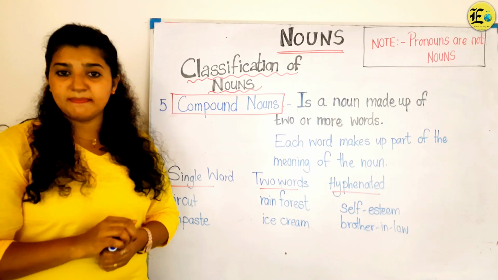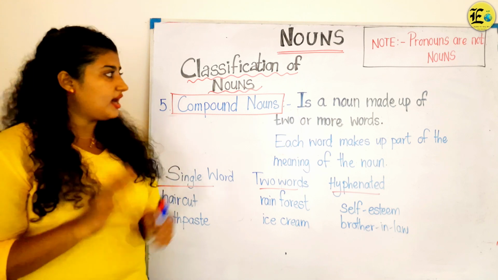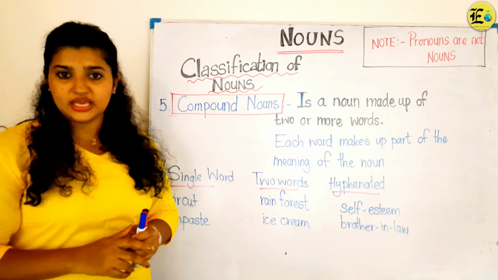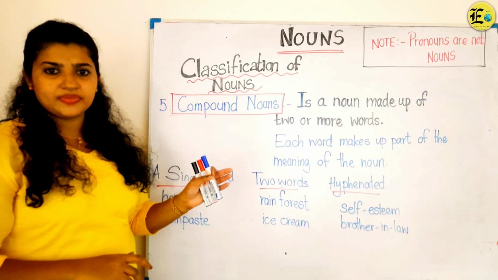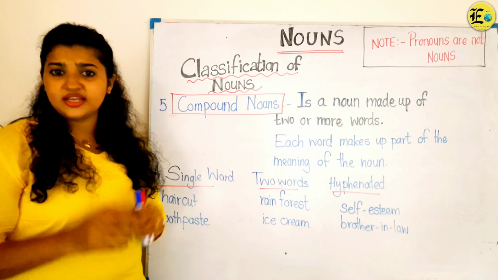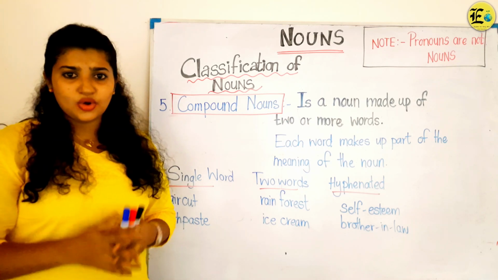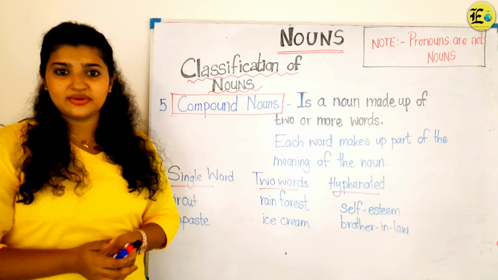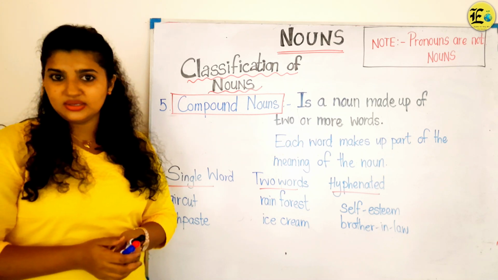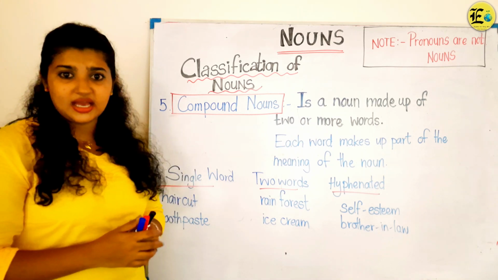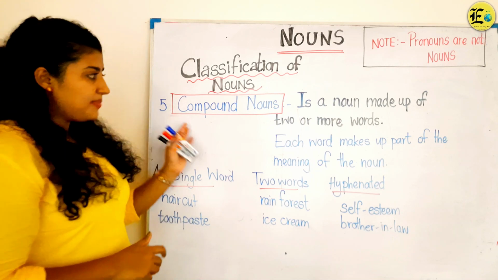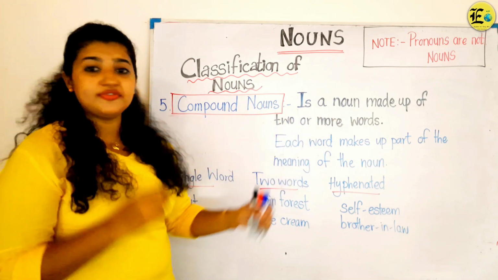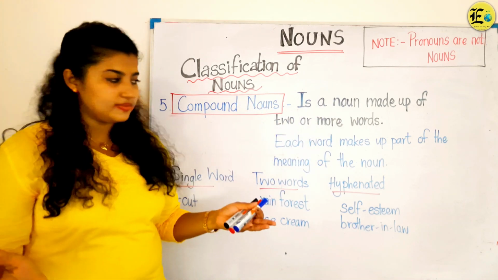The fifth main important category under our classification of noun is compound noun. Have you got any idea regarding what a compound noun is, or the different ways you can write a compound noun? Let us have a look. A compound noun is a noun made up of 2 or more words.